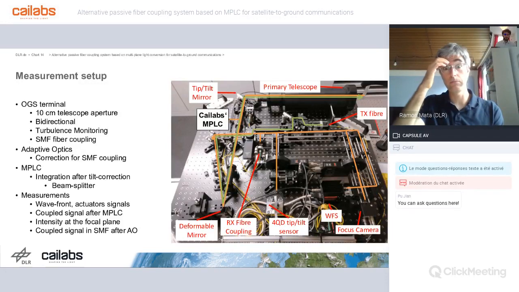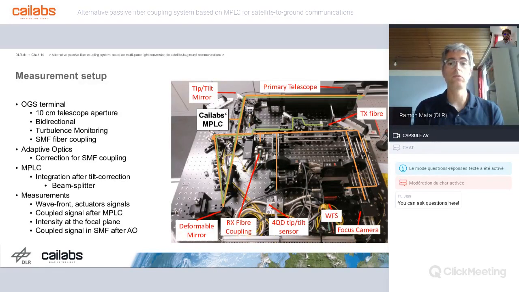If we look a little more at the terminal, we can see here the primary telescope. The orange line is the receiver, the downlink. It goes towards the tip-tilt mirror, which compensates for the tip-tilt. Then part of the light is split and goes to the MPLC from Cailabs, which is fiber coupled, a multimode fiber.